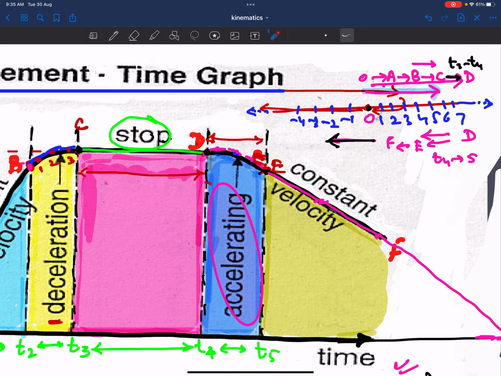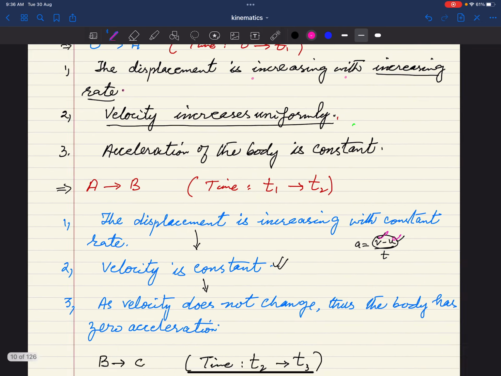Yani, you are coming towards the origin, and when you are somewhere here, the displacement is less, but if you are somewhere here, the displacement is more. So you are coming towards the origin, but the displacement is decreasing at a constant rate.